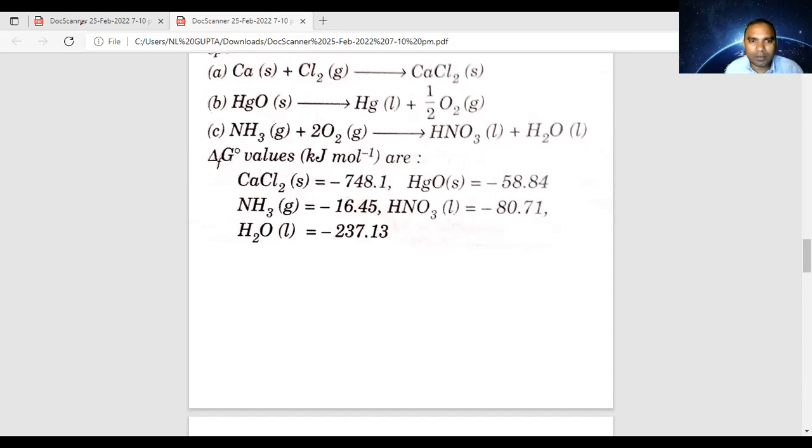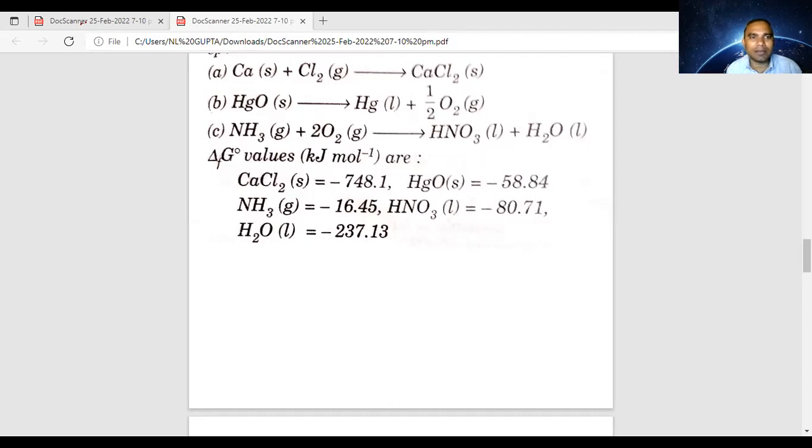Sir, I cannot see the screen. It's stuck. Okay, it will be visible. Wait, let me increase the font size again. Is it visible a little bit?